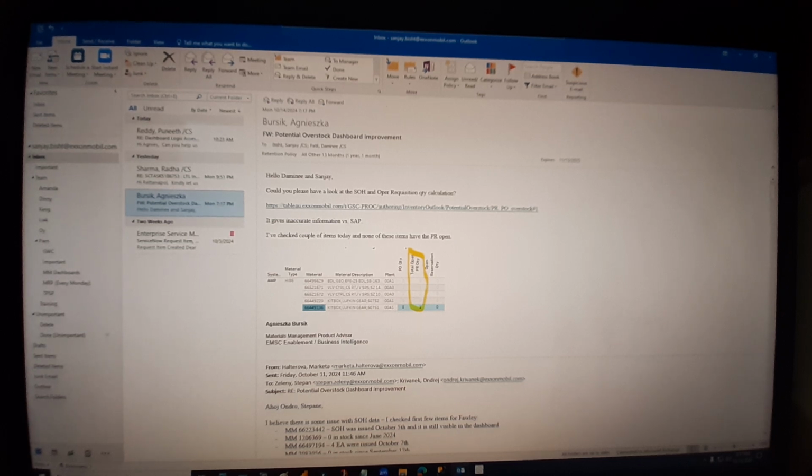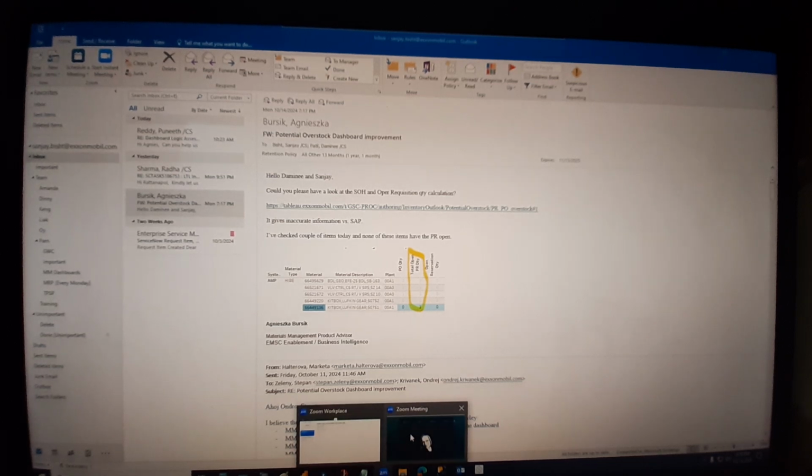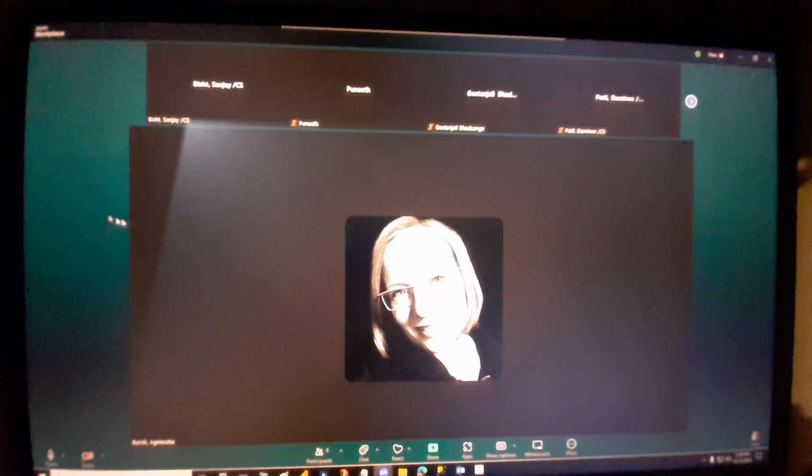So you shared me and Damini a mail regarding the Outlook inventory dashboard. Yes. So there is a discrepancy between the data and the SAP. Am I correct? Yes. Okay, could you give me a brief about it? I'll share back.